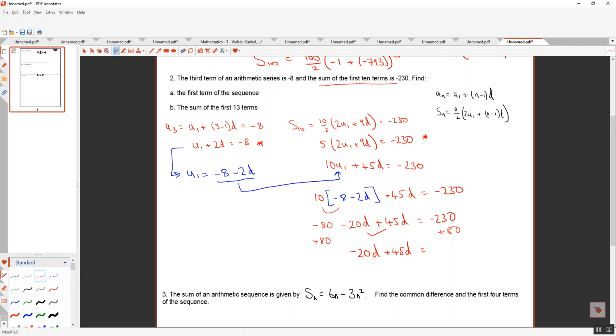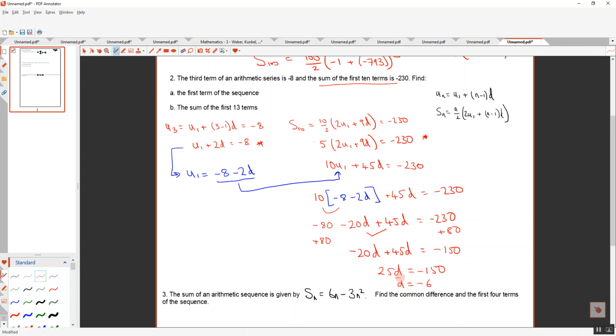Negative 230 plus 80 is negative 150. And then negative 20 plus 45 is 25d. So d is equal to negative 150 divided by 25, which is negative 6.